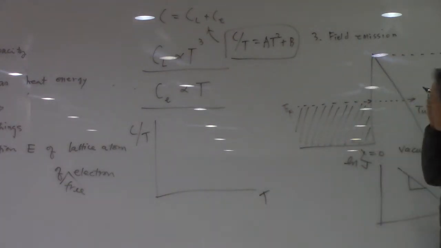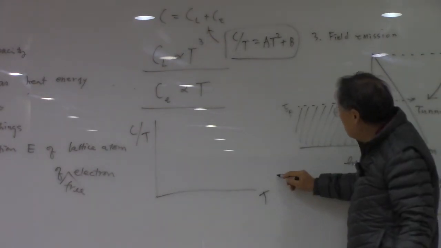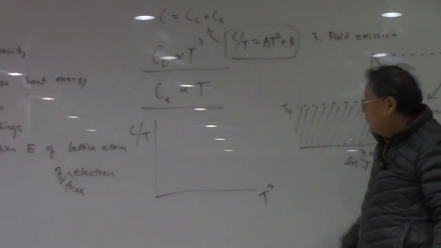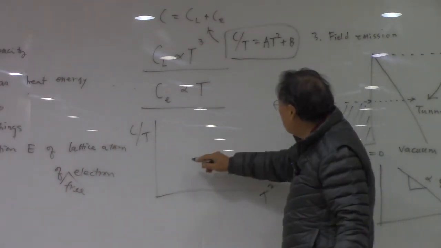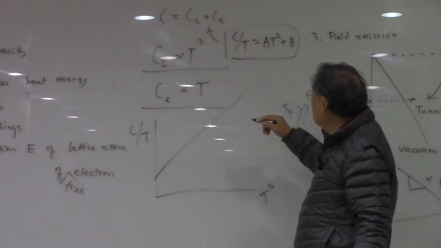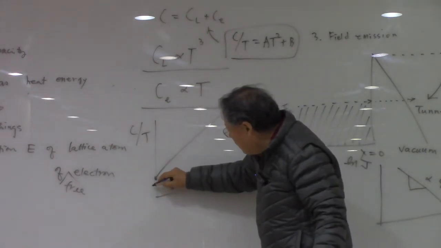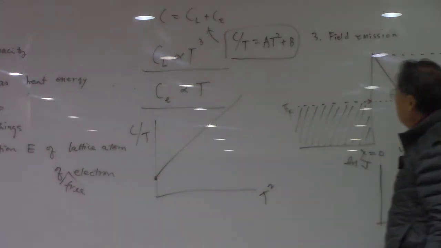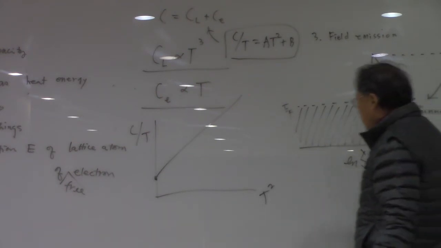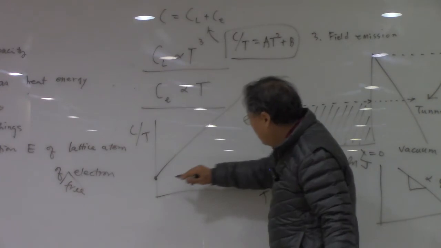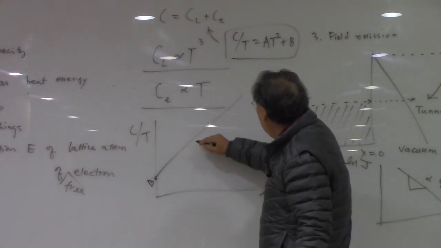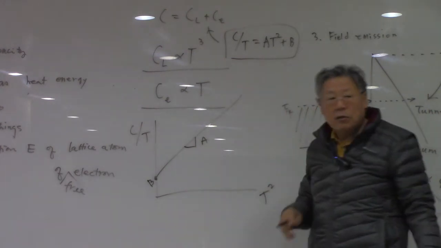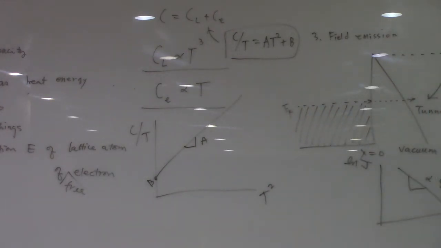Then if you plot that against T squared, you're going to have a straight line, something like that. This is the value of B, where T is equal to zero, and then the slope is going to be A. So you can make a distinction between the lattice contribution and the electron contribution to the heat capacity of the metal system.